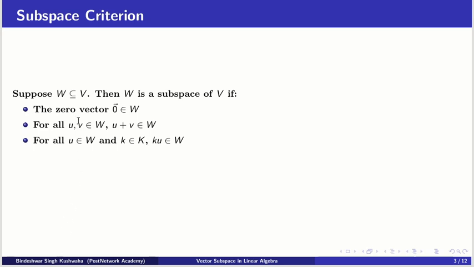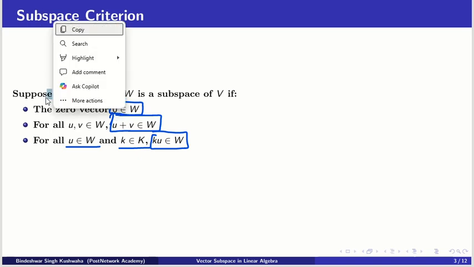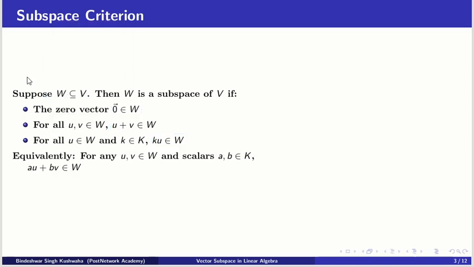And thereafter, if U belongs to W and k belongs to field K, then kU must be in W. So these three properties must be satisfied for W to be a subspace of V. This statement is equivalent to combining the last two properties.